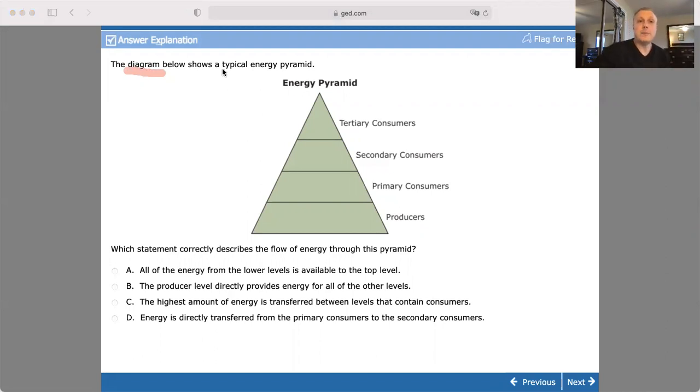So this is a typical energy pyramid. And we have on the top here our tertiary consumers. Right underneath them are the secondary consumers. Right underneath them, we have primary consumers. And then at the bottom are the producers. So you can see here how the producers are the majority of the pyramid.